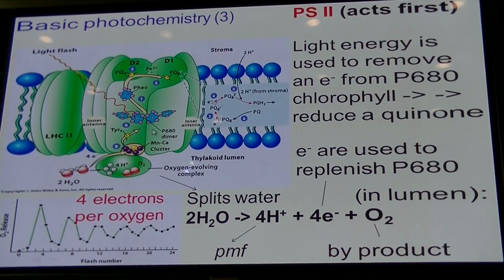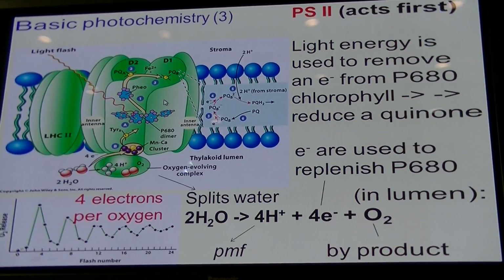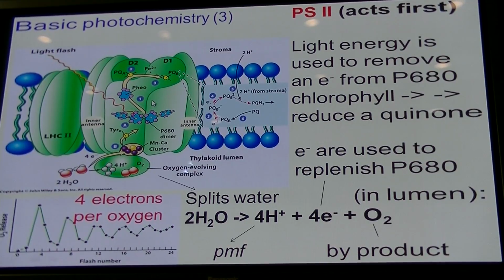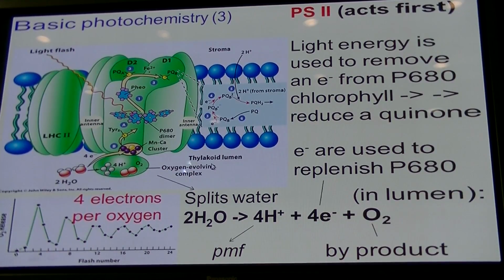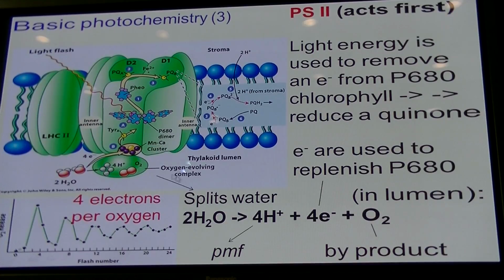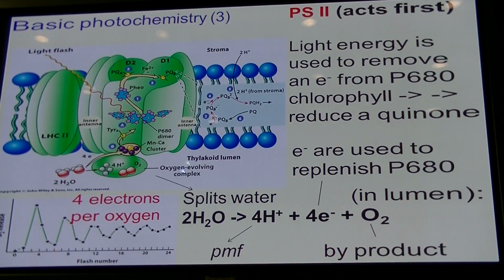But light can only kick out 1 electron from the chlorophyll reaction center at a time. So we need a way to store these electrons from water, and that's the big achievement of this water splitting enzyme. It uses manganese ions to temporarily store those charges.